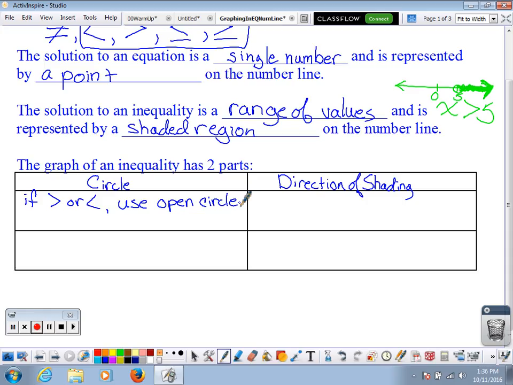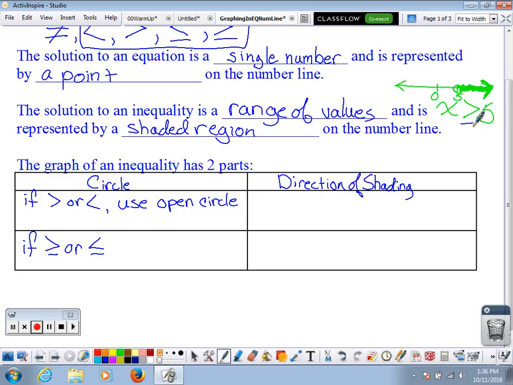Okay, but if I change that around, and I make it greater than or equal to, or less than or equal to, now, would that 5 be part of my solution set? If I put this little or equal to, is 5 greater than or equal to 5? Yeah.